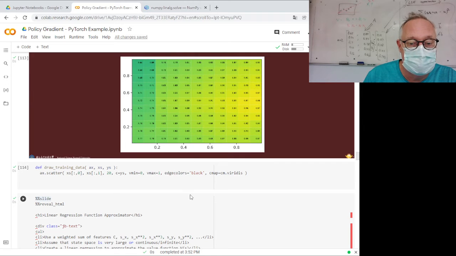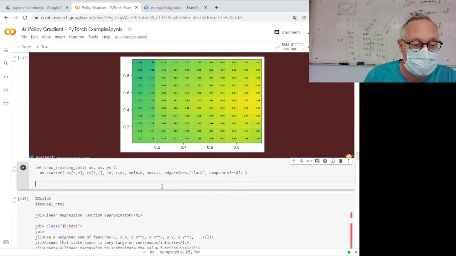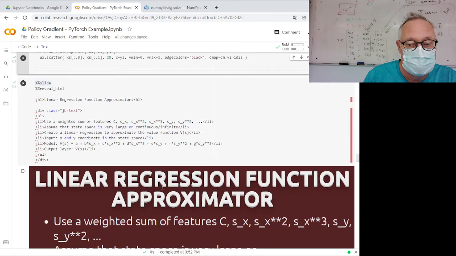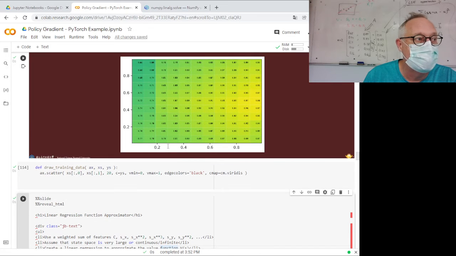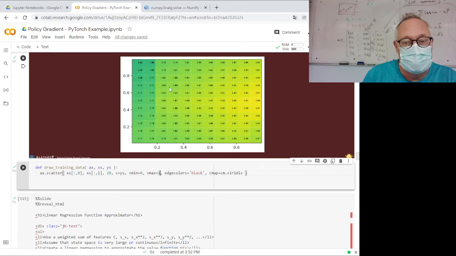Now the problem is that our model is very restricted at the moment. I can only multiply x by something and y by something, right? So if I want to get a better result, then what do I have to do?